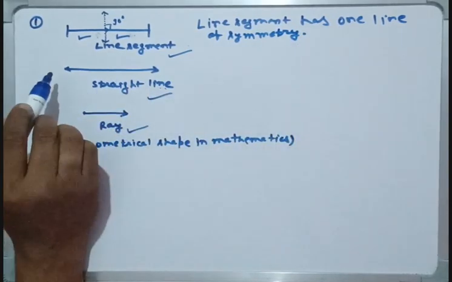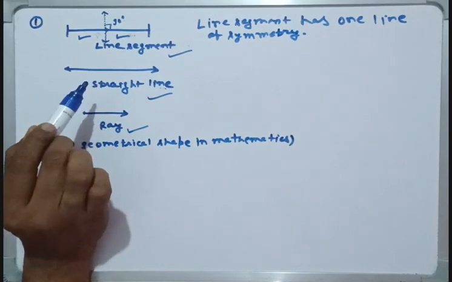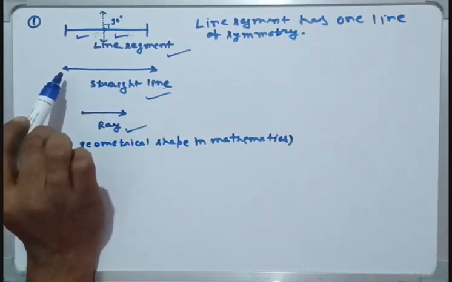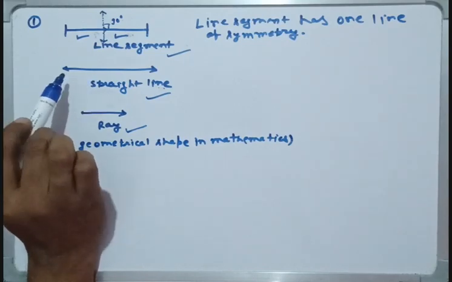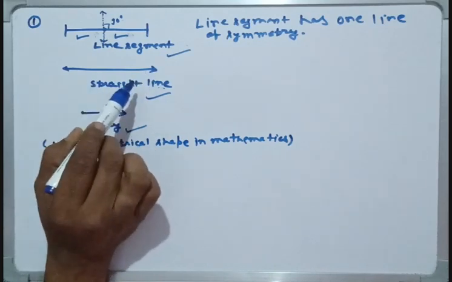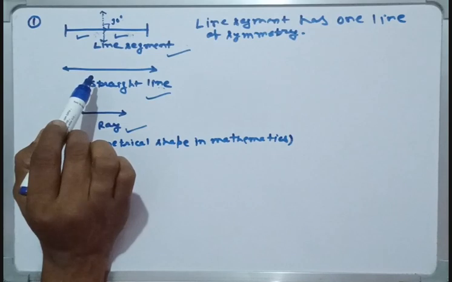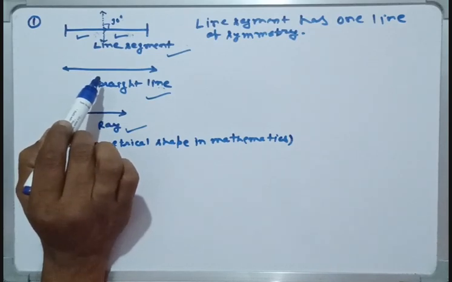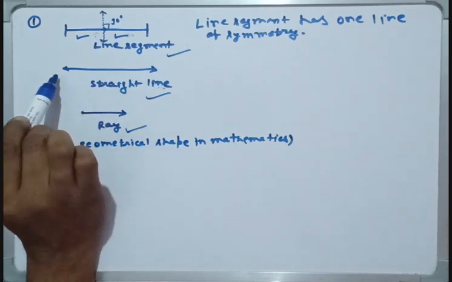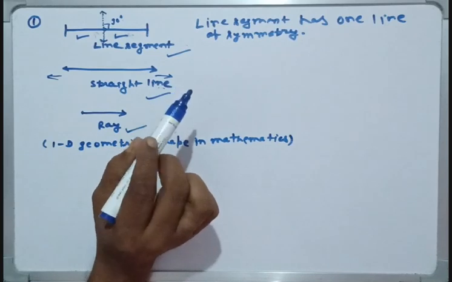Now guys, come to the second one. The second one is a straight line. As you know the definition of a straight line, the two endpoints of this straight line are not fixed and it can be extended in both directions, in this direction and in this direction, up to infinity.